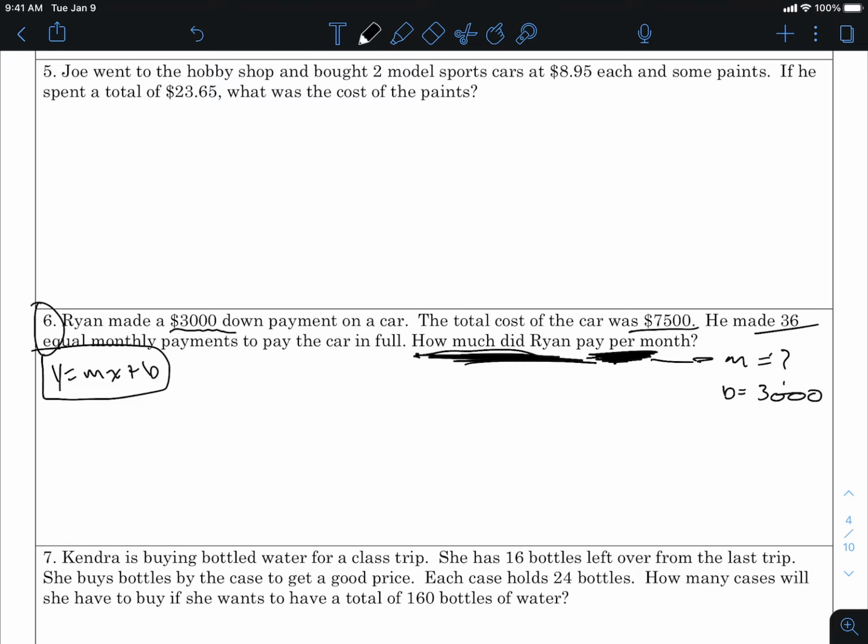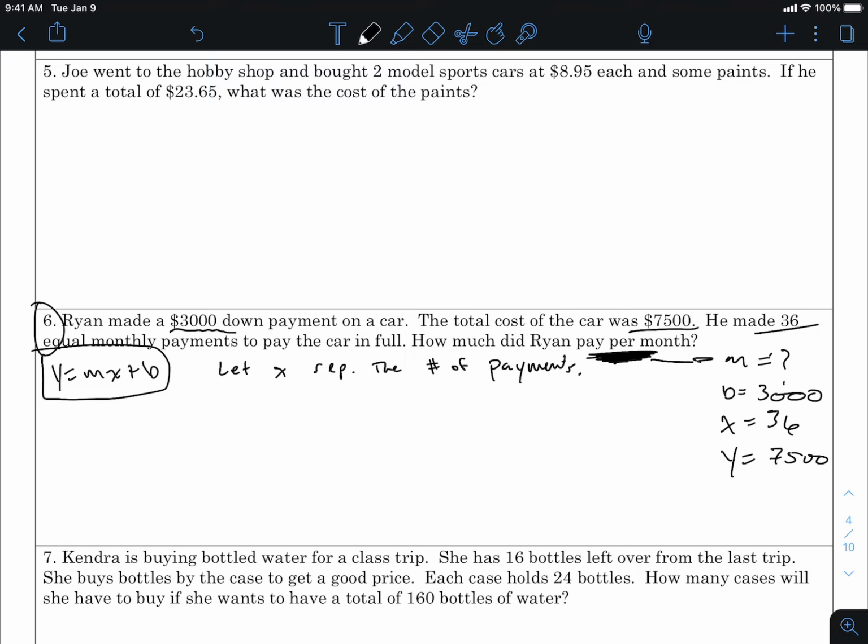So you could say, let x represent the number of payments, right? Because if x represents the number of payments and we multiply it by how much he paid per month, then I'm going to get a dollar amount, right? And so we know x has to be 36 as well. And y is 7,500.